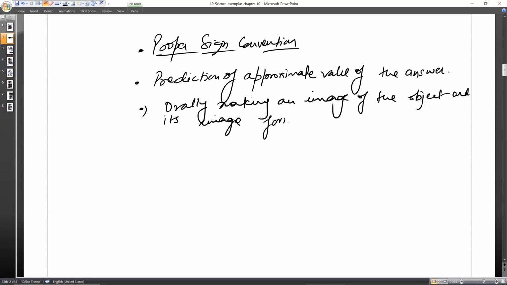Got it? So these are the things that a student should keep in mind while solving numerical problems related to light.